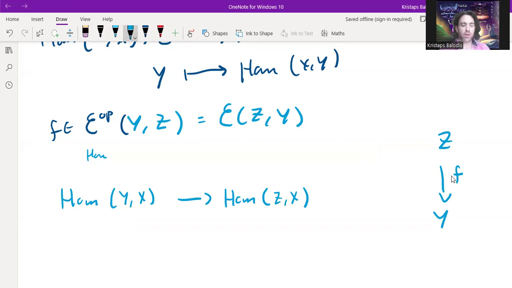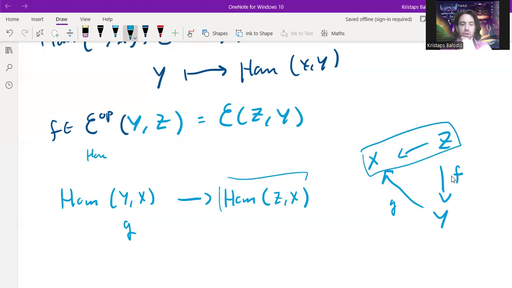So suppose I've got G over here. That is a map from Y into X. Well, what am I going to do? I could just pre-compose with F, and that will give me a map from Z into X, which is what I wanted.